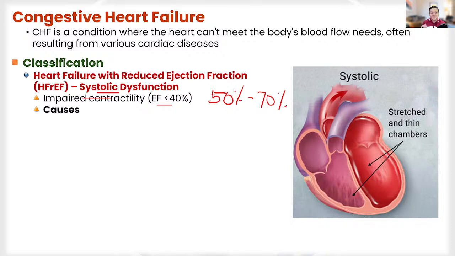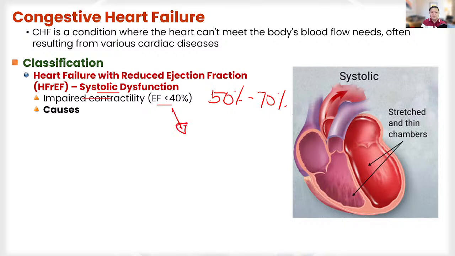The ventricles are not able to effectively push or squeeze the blood out of the heart during the systolic phase. That is why it is called systolic dysfunction, of course, with an ejection fraction of less than 40%.